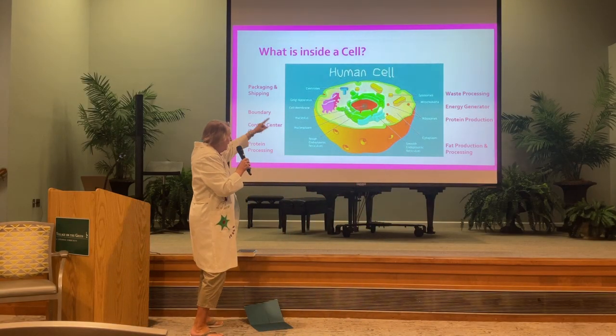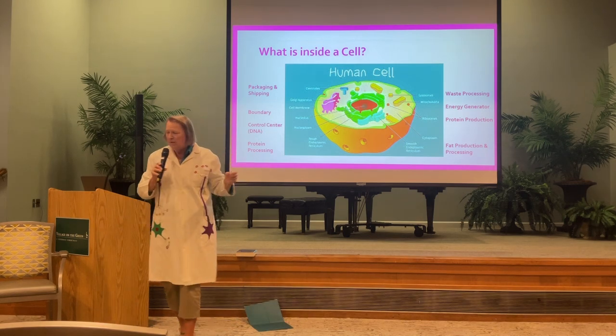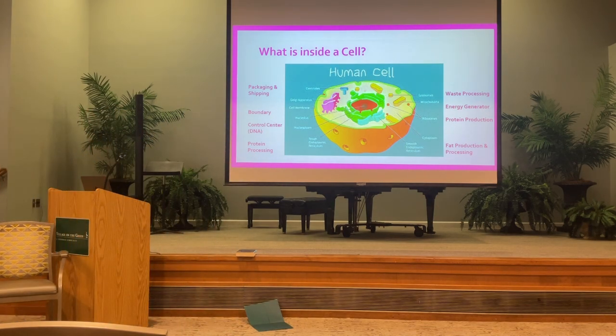There's a boundary around the outside, and I meant to have Catalina point that out here. You would think of the surface as being all the same, like a piece of saran wrap, but the membrane around the outside of an animal cell has different regions with different proteins on it. Some are for attaching to other cells, and some are for allowing things to go inside, like water, and other regions are for things to be able to come outside, like a hormone.